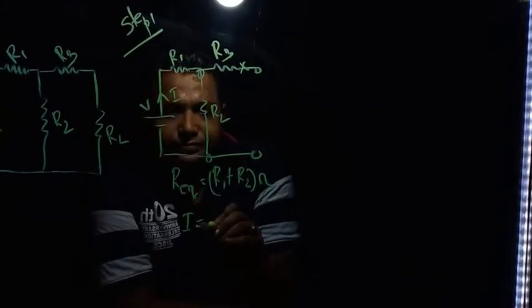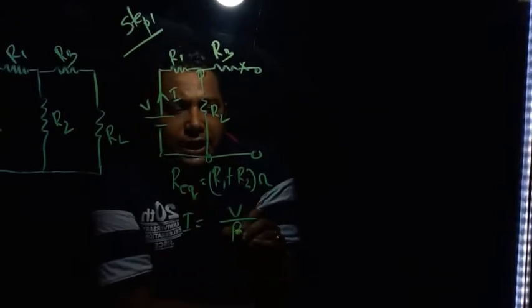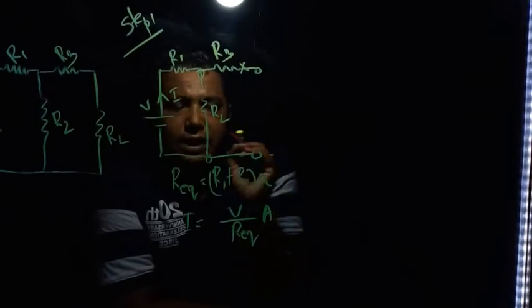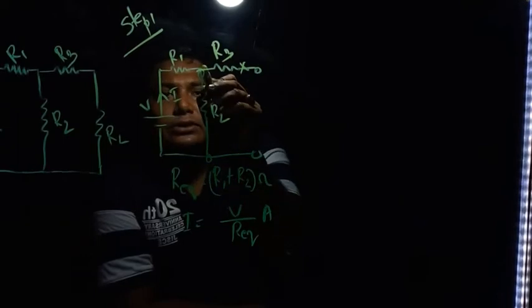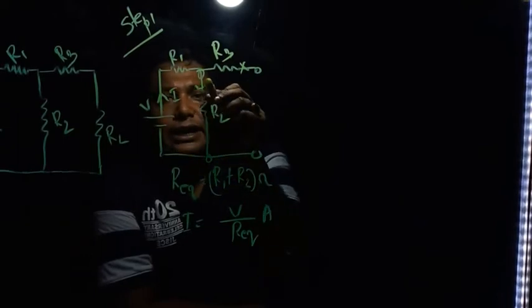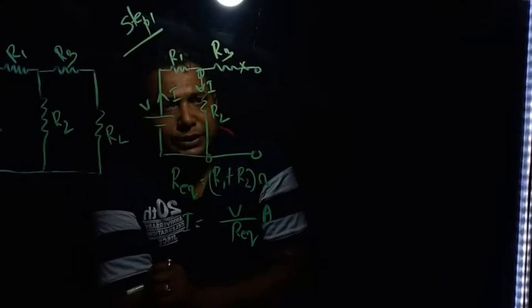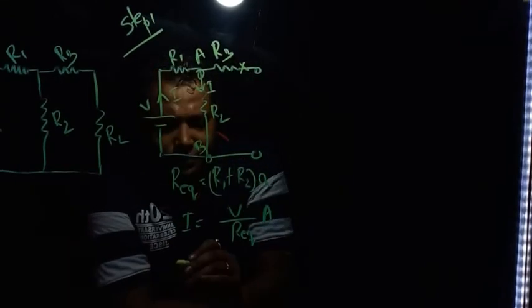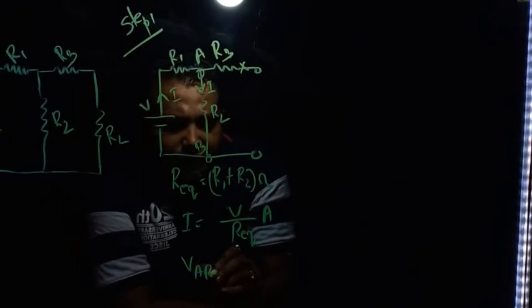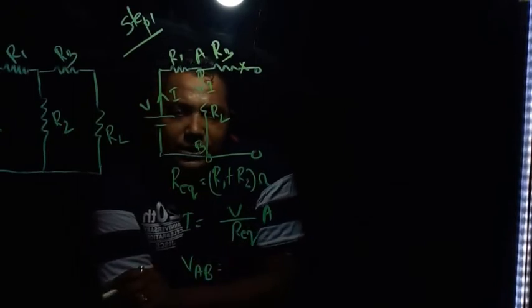I is equal to total voltage divided by R equivalent. That will give us the main current. That current comes to this node, then goes like this, so the I current is also flowing through this one. If we say this is the AB node, what is the voltage across AB?